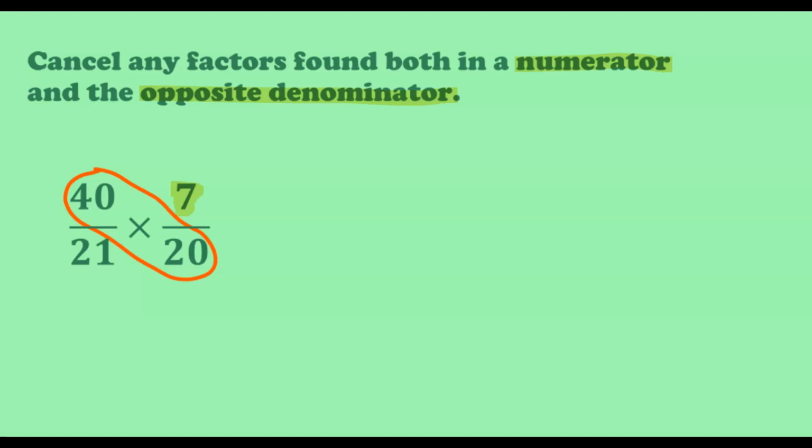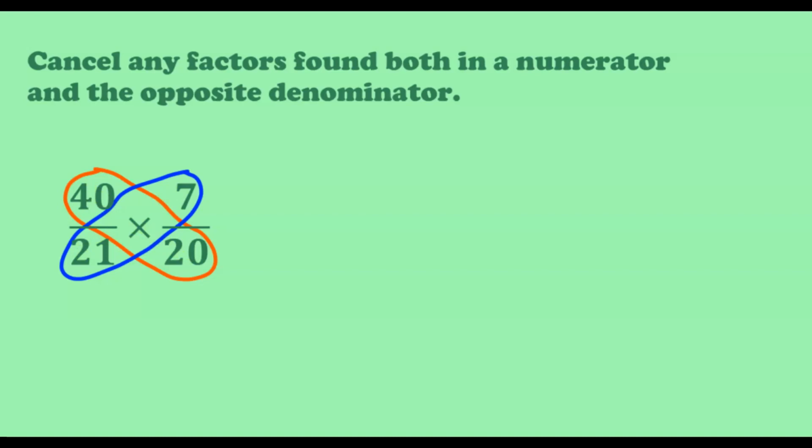And what is the opposite denominator? That will be the denominator of the first fraction. So we have 21. And we're going to look for a common factor between these two numbers. So we are looking for a common factor along this diagonal. And this is actually why we call the method cross-cancellation. We can see that we have formed a big cross.